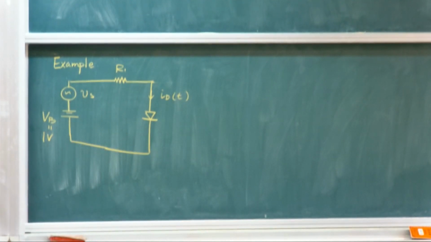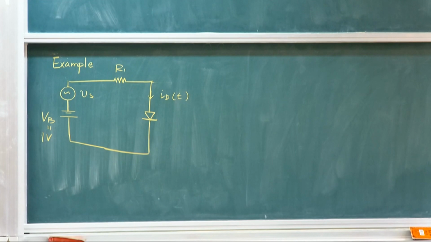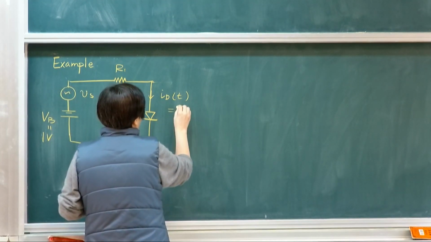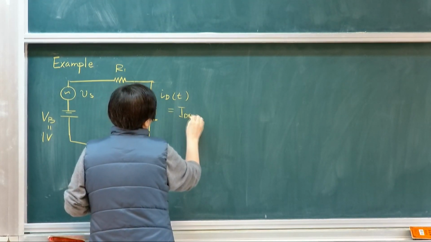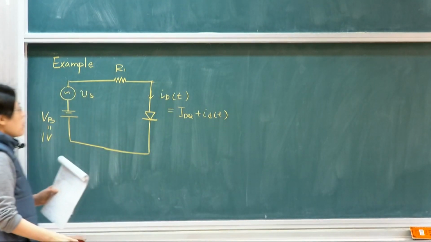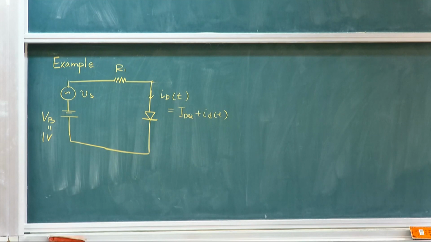You should be able to find the complete ID, both DC and AC level, of the circuit. So you want to find its DC level, as well as the corresponding changes due to the AC signal source. So how do you approach that?